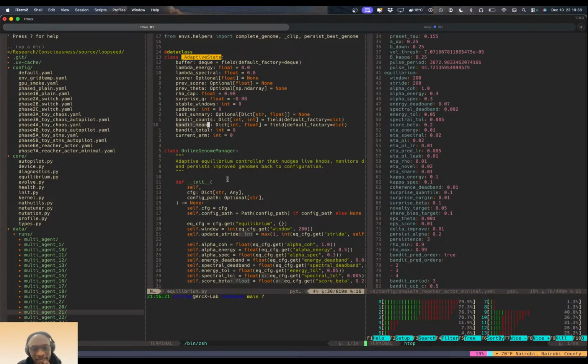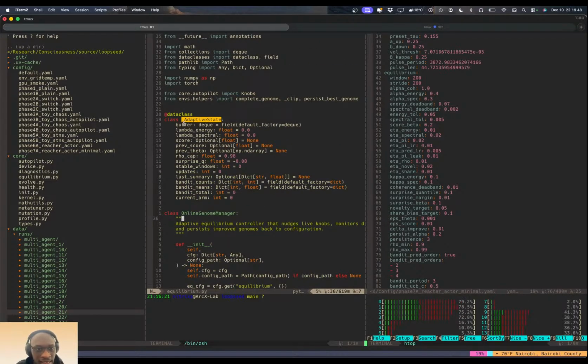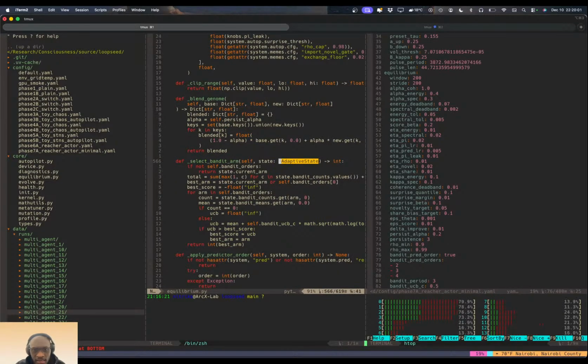It keeps adapting the controller, and it changes the knobs, the monitors, all the stuff that improves the system as it trains. And then we can see where the state is. It's supposed to be somewhere here.